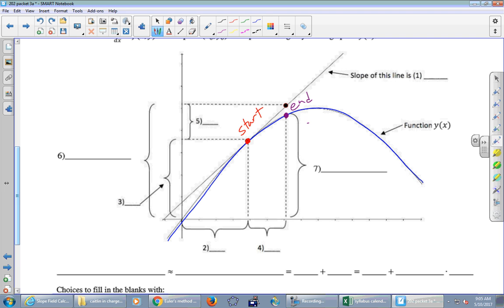But the bad news is we don't actually have the formula for the curve. All we have is the slope field, the kind of thing that we just calculated. And we are going to take advantage of the fact that finding equations of lines is really easy, and then finding the coordinates of a point on that line is really easy. And what do you notice about this point that's easy to find and this point that maybe is impossible to find?